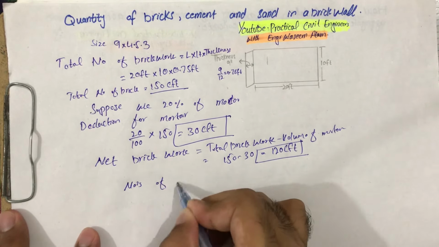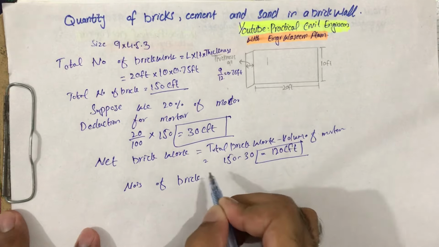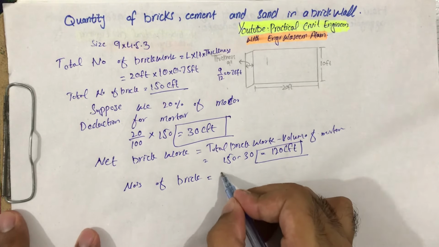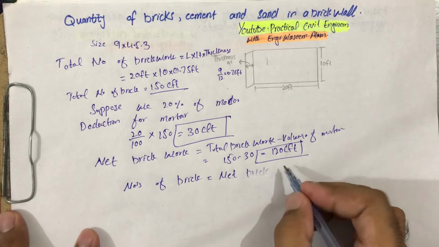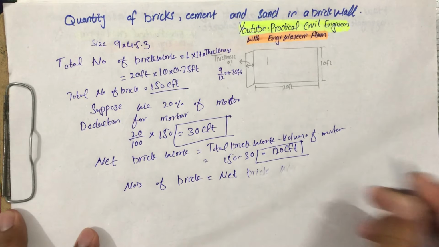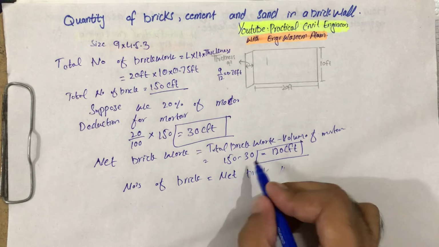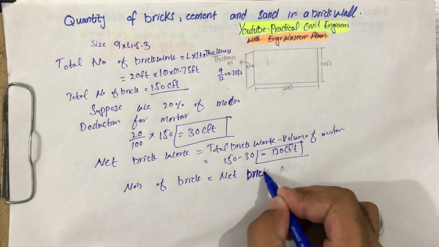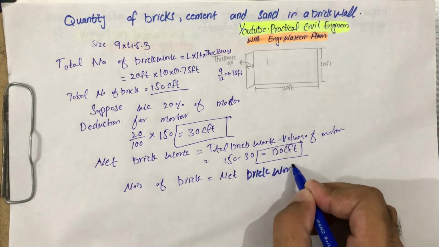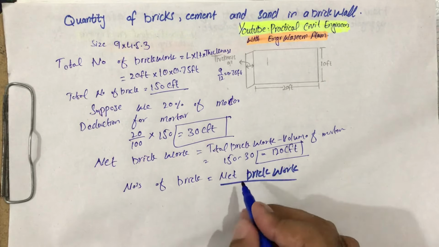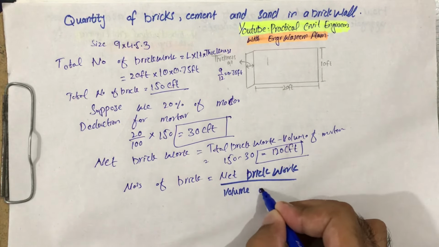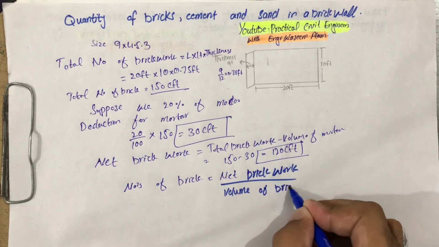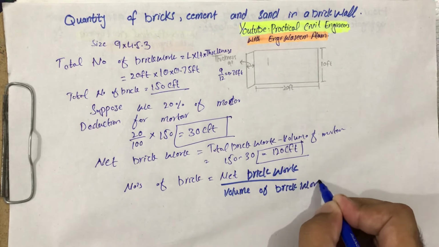Number of bricks is equal to net brickwork divided by volume of brick.